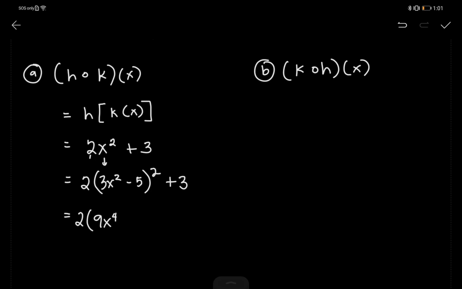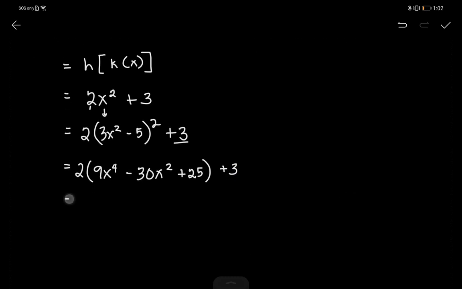Then the second step is to multiply the two terms. 3x squared times negative 5 is negative 15x squared, times 2, this is 30x squared. Then square the last term, negative 5 squared is positive 25. Then bring down the plus 3.